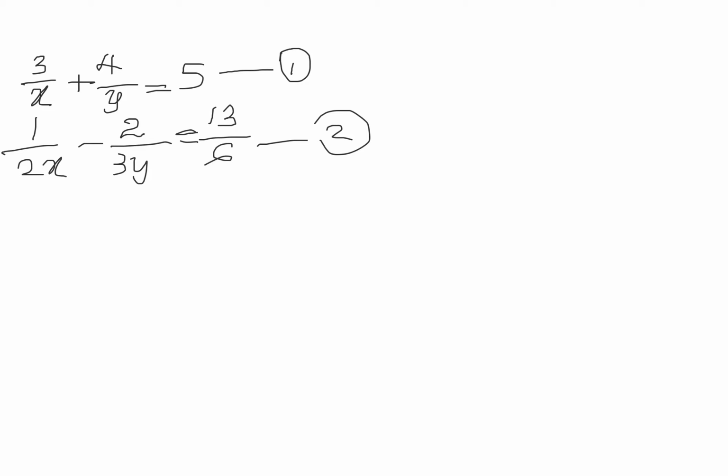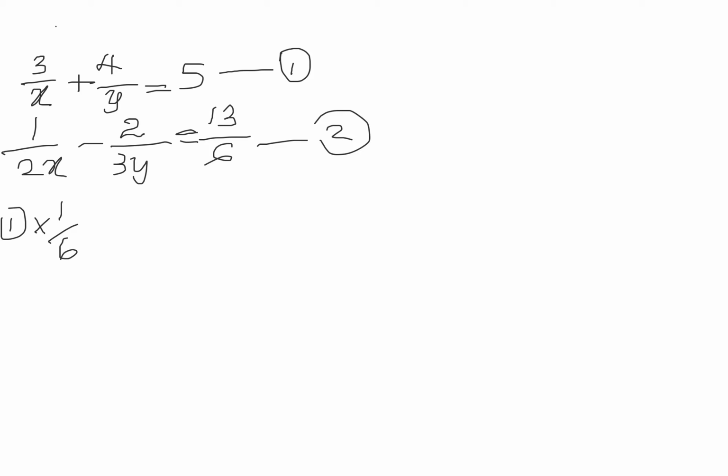But we can't do that. Therefore, we need to modify one equation in a possible way. That means equation 1, we can multiply by 1/6, right?